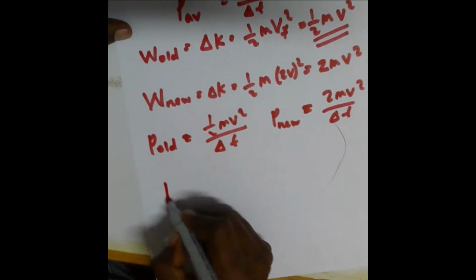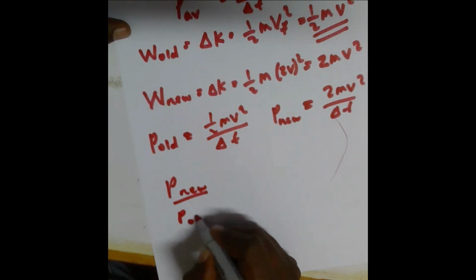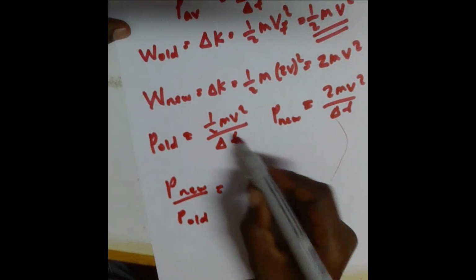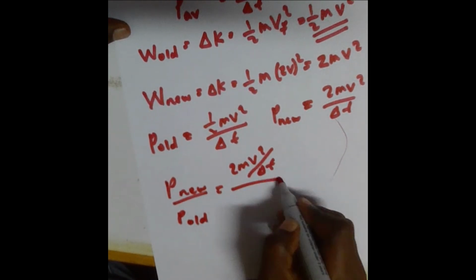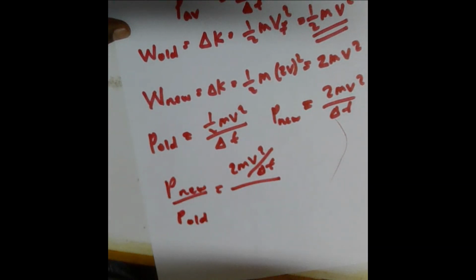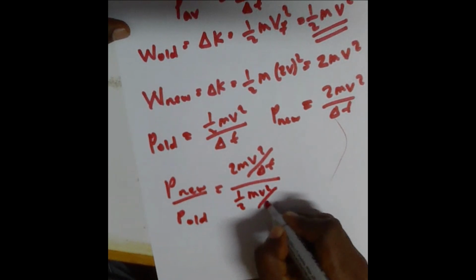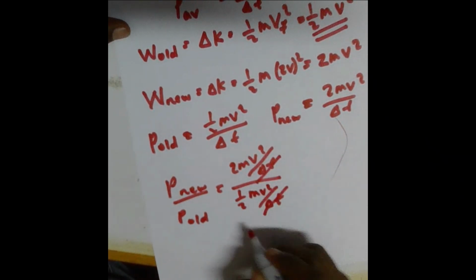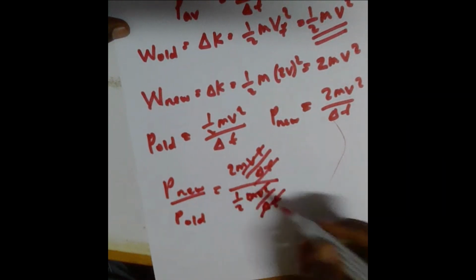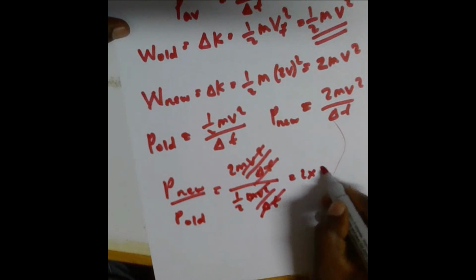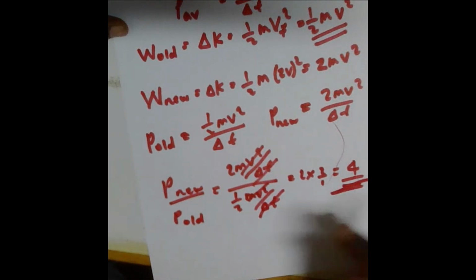So power of the new divided by power of the old is 2 m v squared over change in t divided by half m v squared over change in t. Change in t cancels change in t. m v squared cancels m v squared. 2 over half, which is 2 times 2 over 1, is 4. So the ratio will be 4.